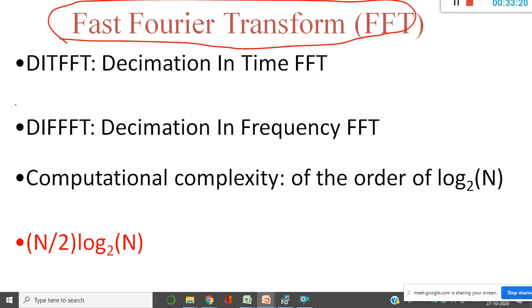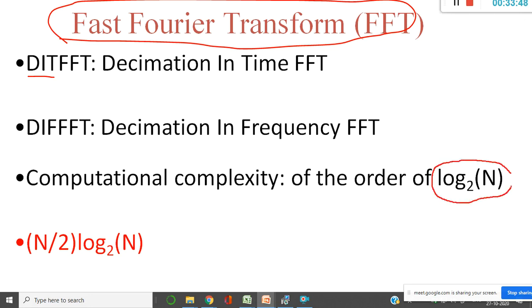In this, one is the time domain approach, that is decimation in time, fast Fourier transform, the DIT-FFT method, and another one is the frequency domain approach, that is decimation in frequency, fast Fourier transform. So what happens when you go for these two techniques? Here itself we say that the computation will be drastically reduced.